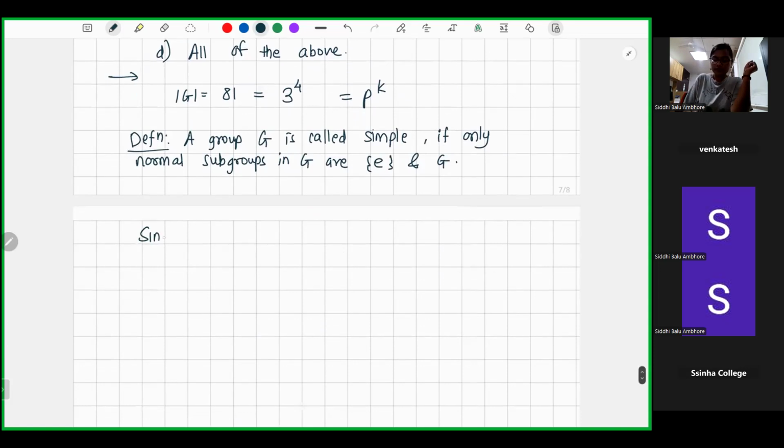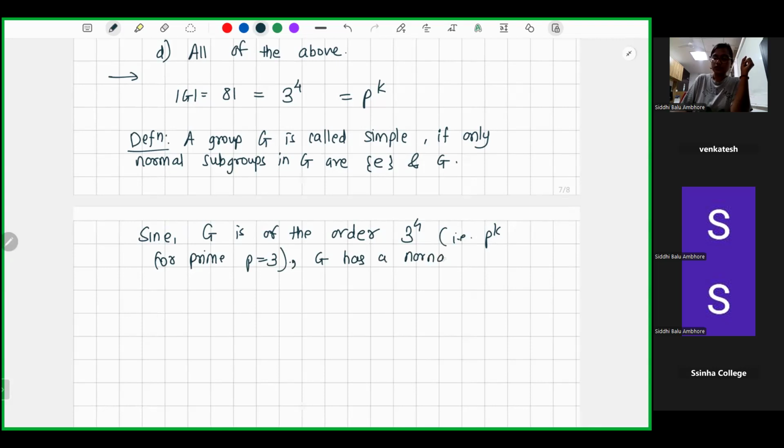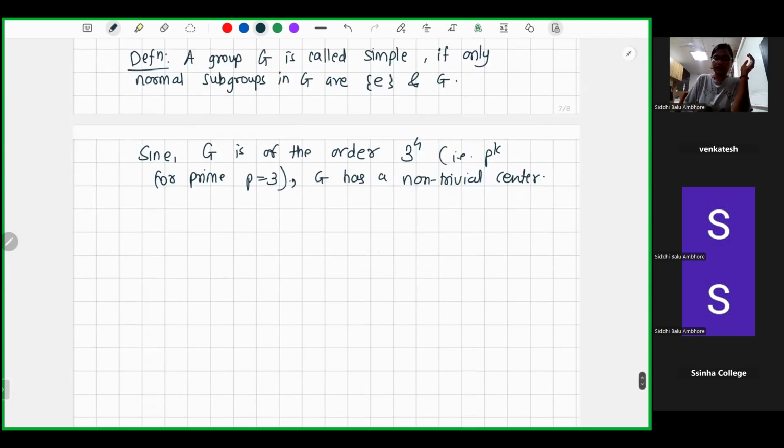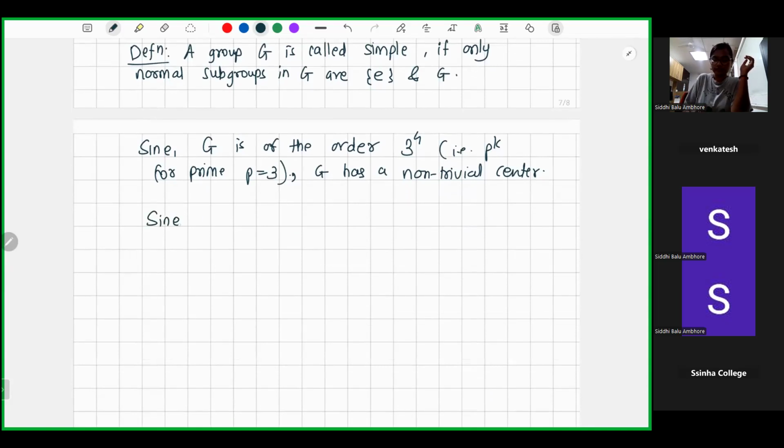But since G is of order 3 power 4, that is p power k for prime p, G has a non-trivial center, and since the center Z(G) is a normal subgroup of G, this implies that G is not simple.